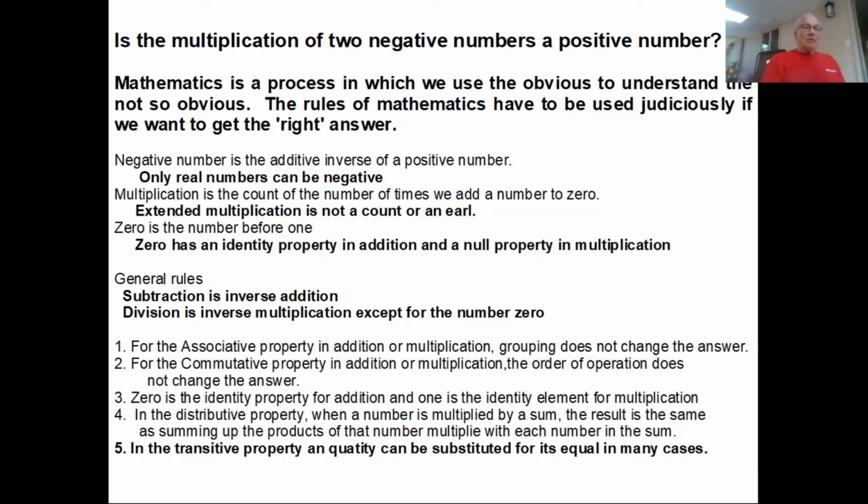We had to state those as basic postulates because we can show that they work for integers, but we just have to assume they work for other numbers. And the distributive property is when we multiply a sum by a number, and the answer is the same as multiplying that number times each number in the sum and summing up those products. And the transitive property says a quantity can be substituted for its equal in many cases. Sometimes I'm a little bit uncertain about the transitive property.